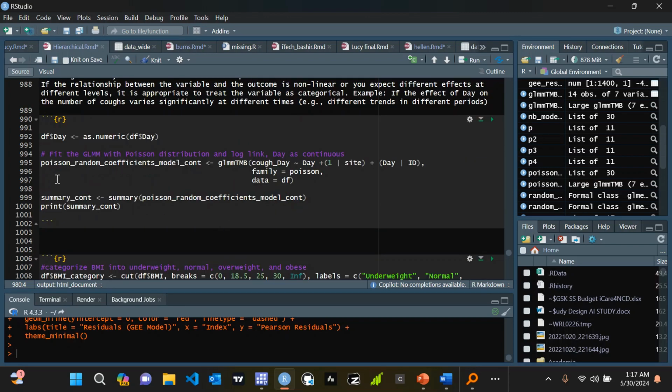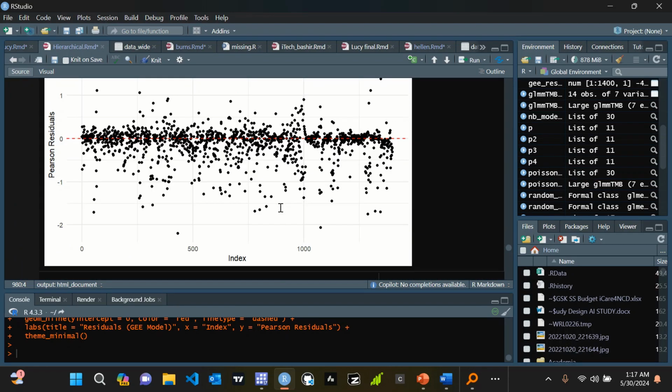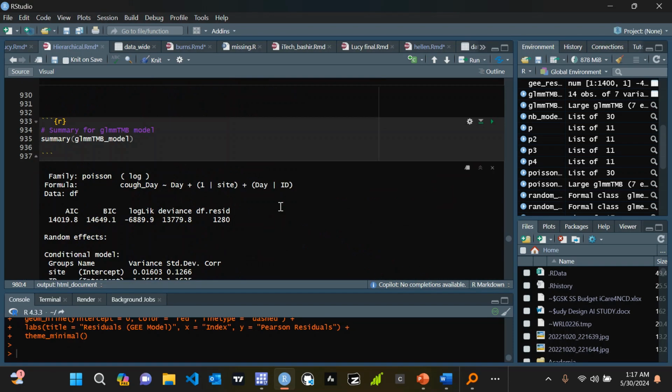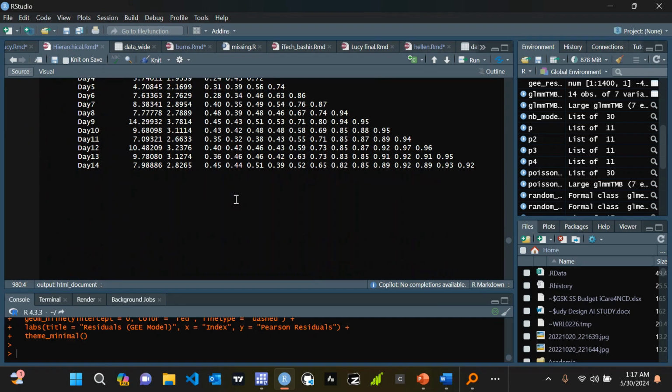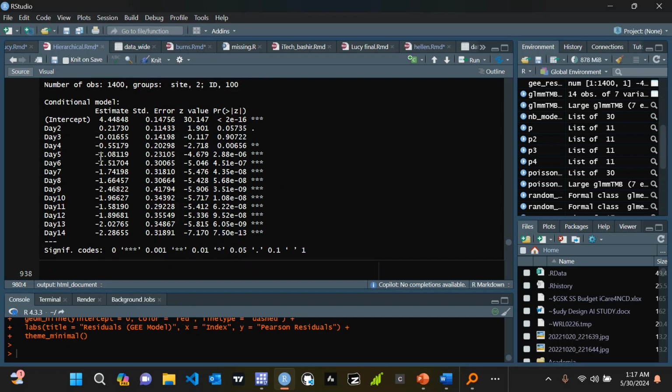For that, we have seen from this model, this is our GLMMTMB, that the differences in the co-frequencies that are significant start to decline from day 4.